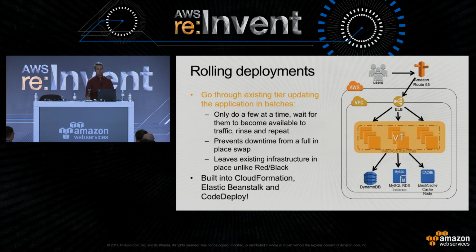which is rolling deployments. In a rolling deployment, we are going to take out part of the infrastructure at a time. We're going to move traffic from some number of our instances, and then we're going to slowly deploy our application code to them such that we're only putting traffic onto infrastructure that is up and running and healthy. So we can actually have both versions side by side very briefly.